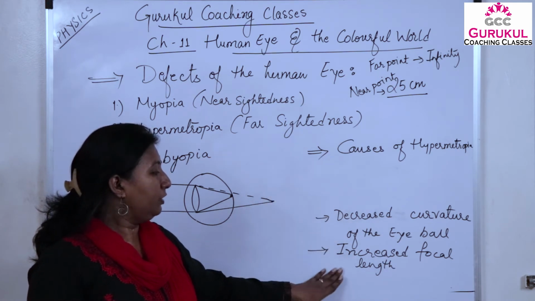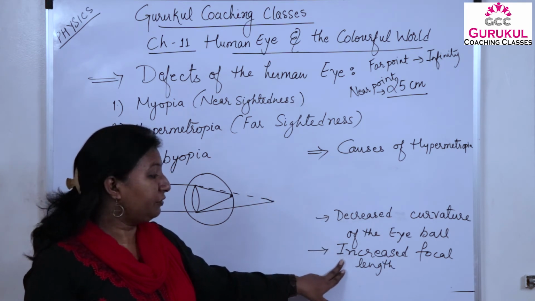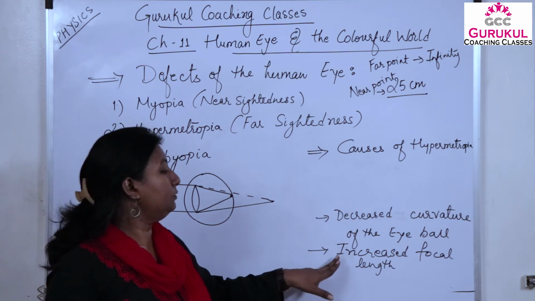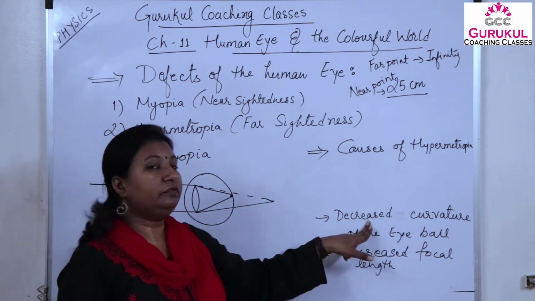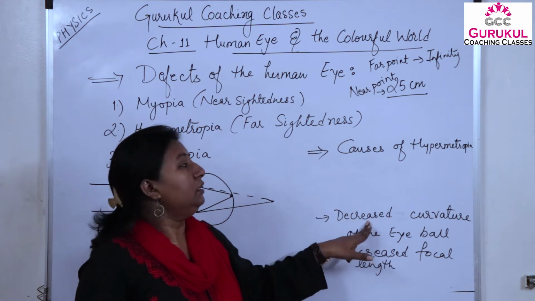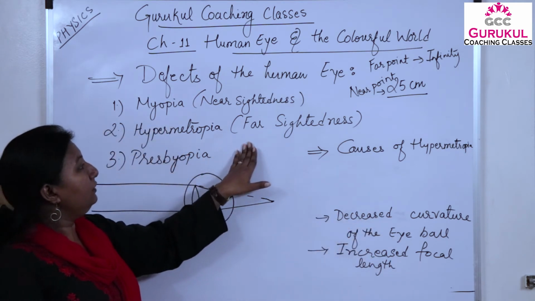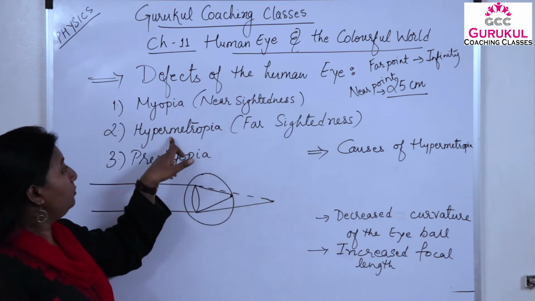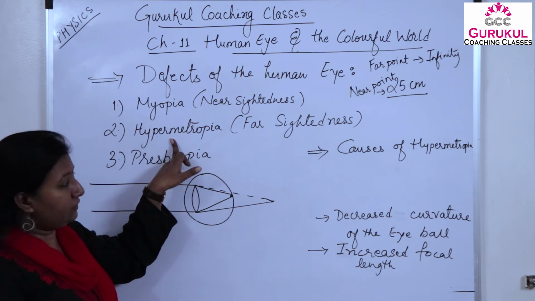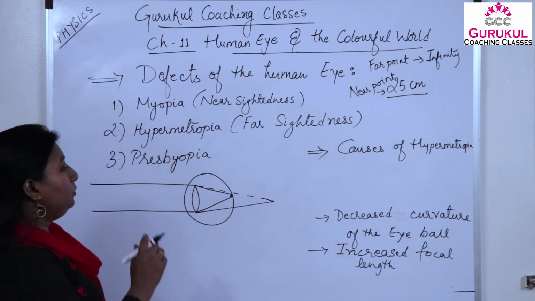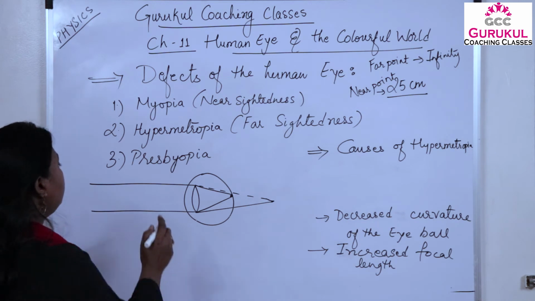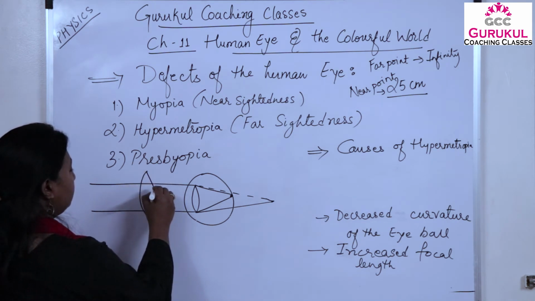So the main cause of hypermetropia is the increase in the focal length. The person can see only faraway objects, can't see nearby objects, right? So to rectify this defect, we use a convex lens.